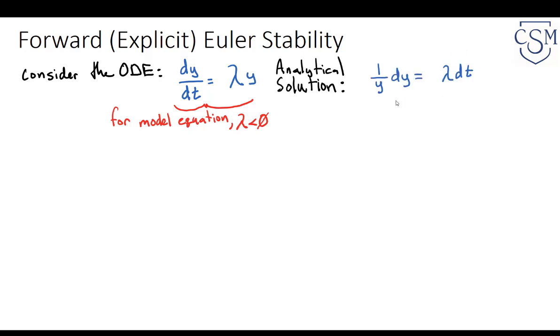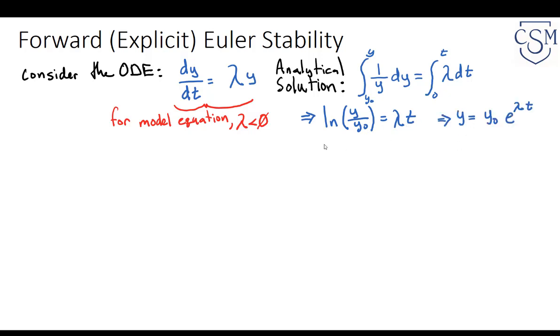By rearranging these terms and integrating both sides, on the left we'll integrate with respect to y from y naught to y of t, and on the right we'll integrate with respect to t from 0 to t. We can now solve for this integral, and that is the natural log of y over y naught is equal to lambda t.